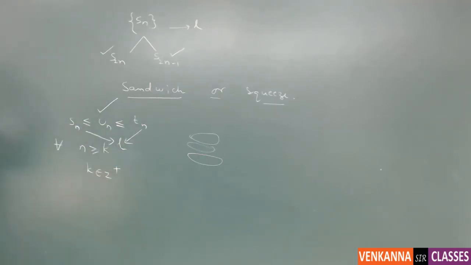That is the case of the sandwich theorem. So what it states, as and when you have three sequences like this, Sn less than or equal to Un less than or equal to Tn, and if you are able to prove that the lower sequence and upper sequence are tending to the same limit L, then the middle sequence also will tend to the same limit L. Okay? Is the concept clear?